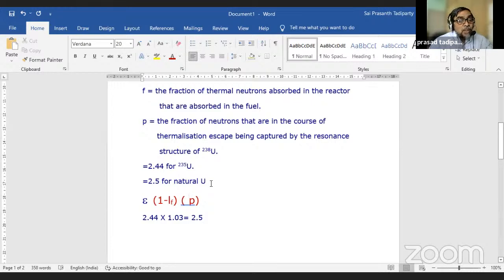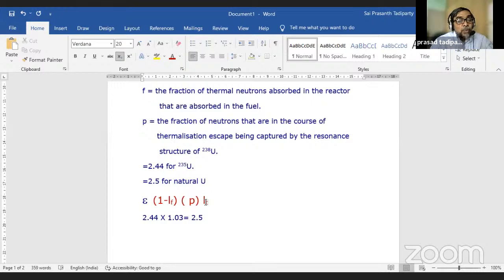So thermal neutron loss factor. Another loss factor is the thermal neutron loss factor, that is LT. So we are keeping another allowance for a fraction of thermal neutrons leaking out of the reactor.